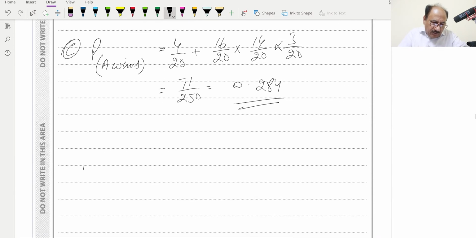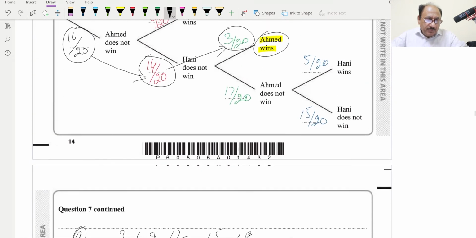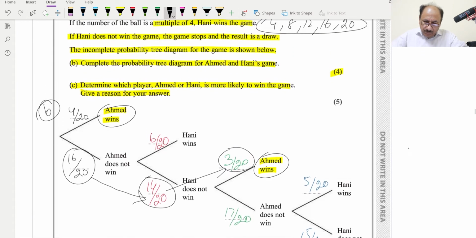Now the probability for Hani's win. So for Hani wins, we will check the options for Hani's win. Hani's win will be this one. Hani wins, and the second is over here.